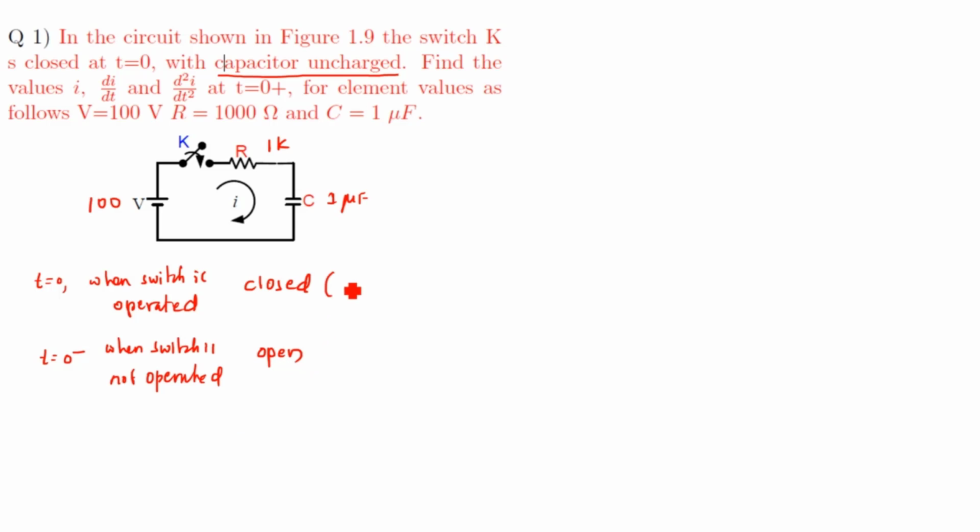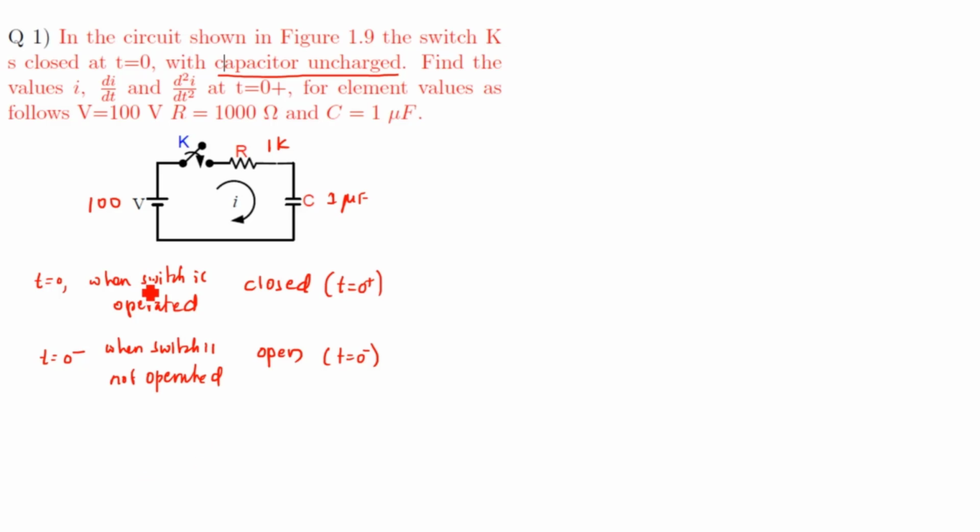This is the t equals 0 minus condition, and that is the t equals 0 plus condition. Before switching it is called t equals 0 minus. At t equals 0 minus, the switch was open. When the switch is operated, it is considered t equals 0 plus. At that condition, the switch is closed.